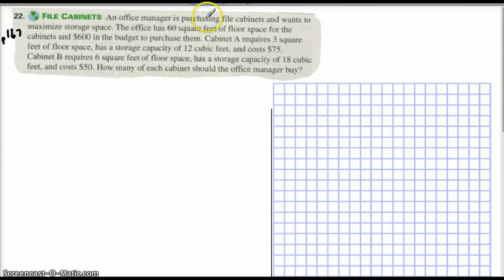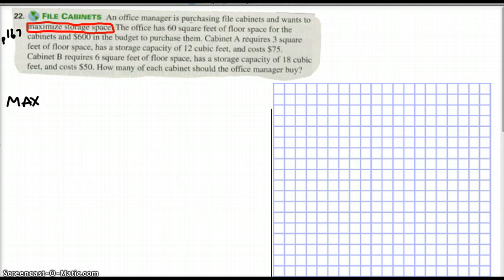So an office manager is purchasing file cabinets and wants to maximize storage space. Sometimes this phrase comes at the end of the passage, but in this case they got right to it. They say they want to maximize storage space. So sometimes we want to minimize things. In this case we want to maximize something.